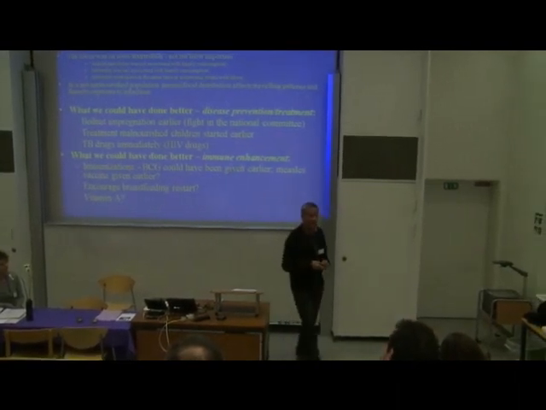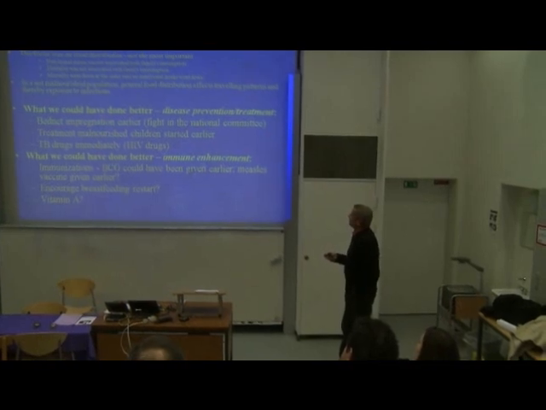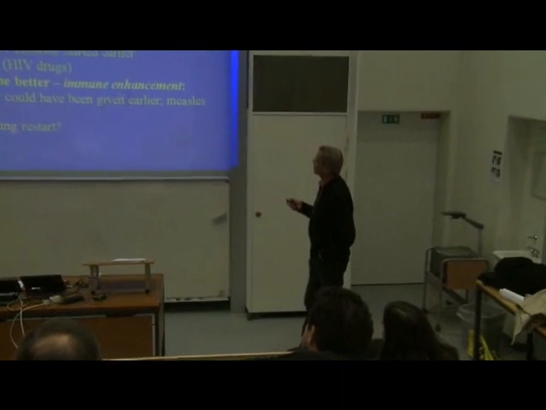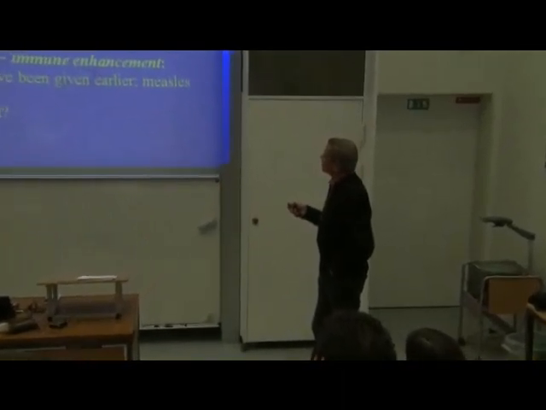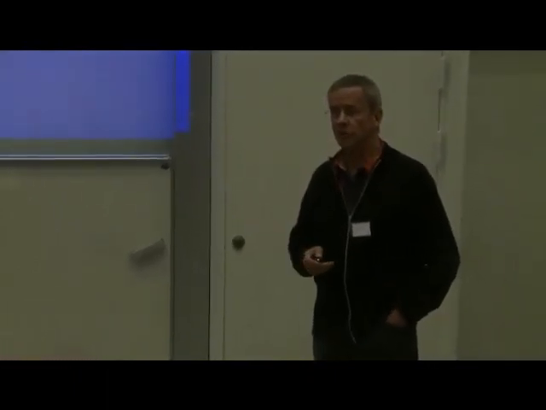The second thing is that we have interventions. What we could have done better, I can speak more about later in the discussion possibly. I would distinguish between disease prevention and treatment. Some of these things are very critical, like getting TB drugs into a conflict situation.